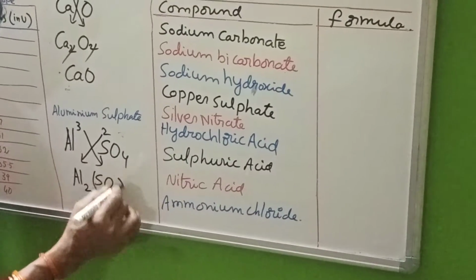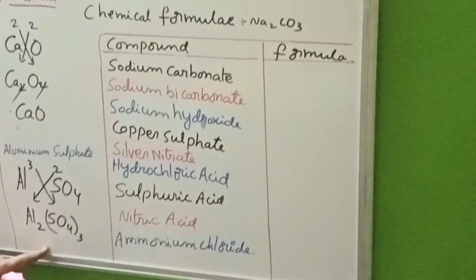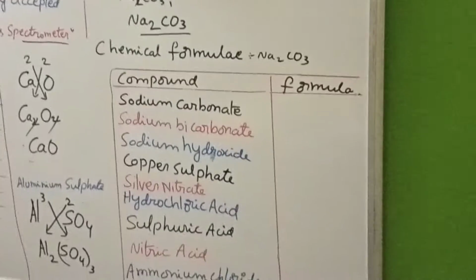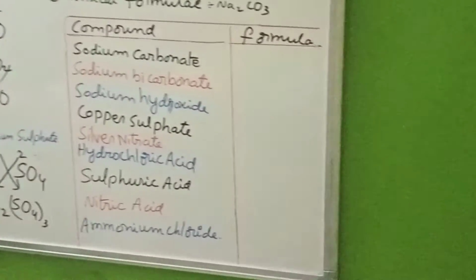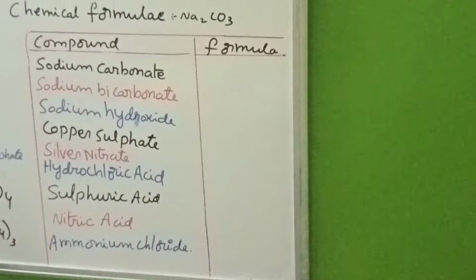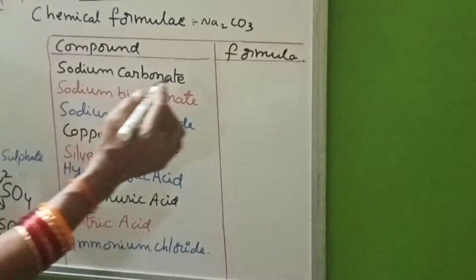Al2(SO4)3 is the formula for aluminium sulfate. This is the way you can use the criss-cross process to write the formulas of different compounds.